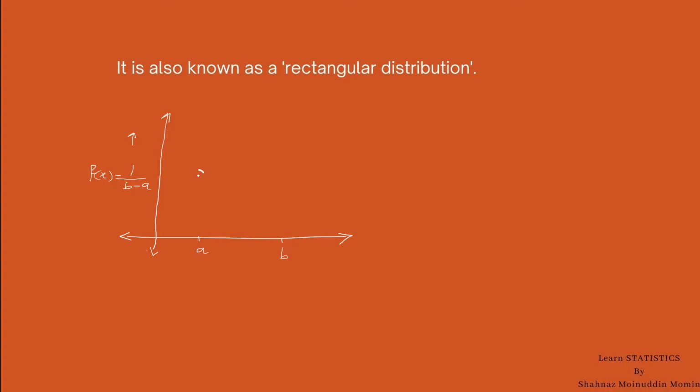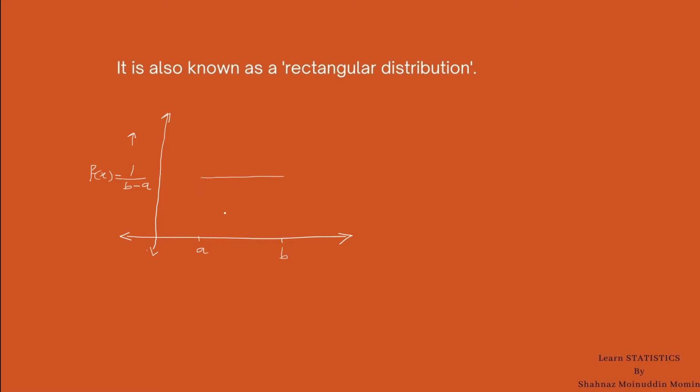Means from a to b we get all the points at the point 1 upon b minus a. Since there are infinite number of points between a and b, they form a straight line between the point a and b.